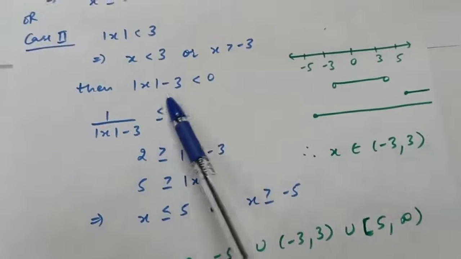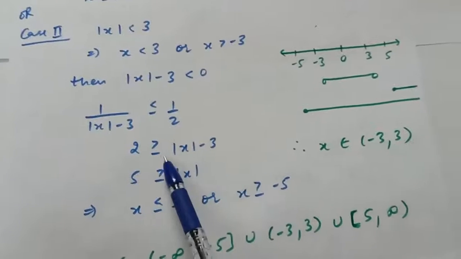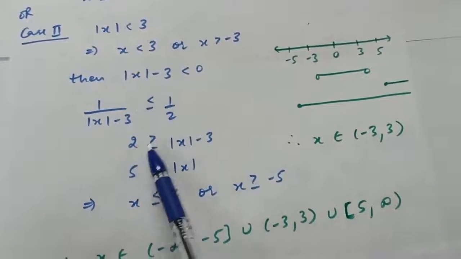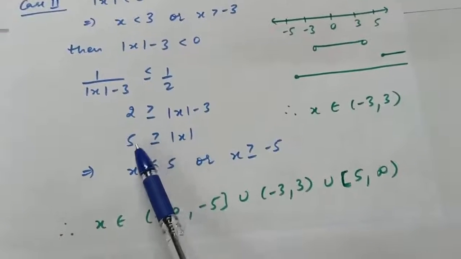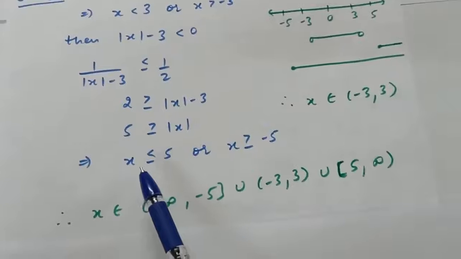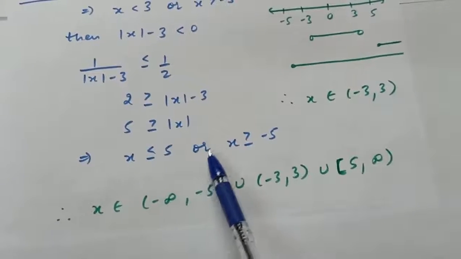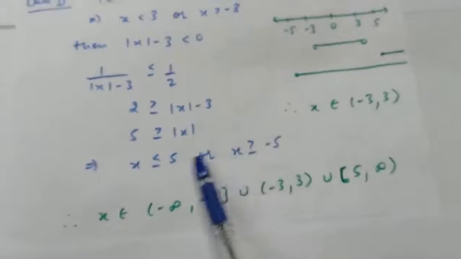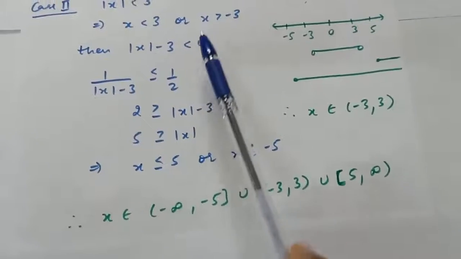When you multiply it with modulus of x minus 3, which is a negative number, the sign of the inequality will change, also multiplying 2 on both sides. Now modulus of x is less than or equal to 5, which implies x less than or equal to 5 or x greater than or equal to minus 5. Now we want this solution to be in this range.